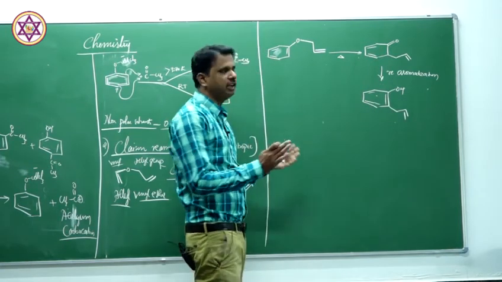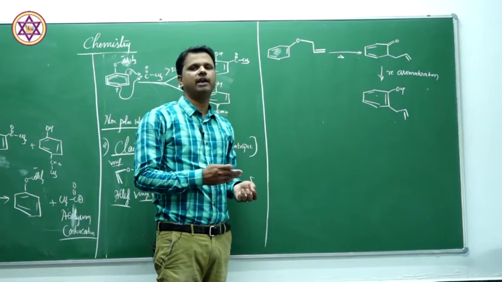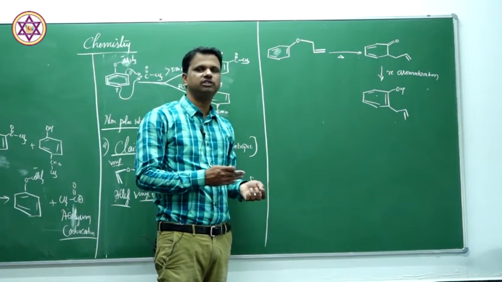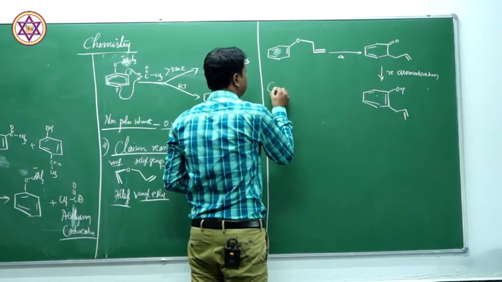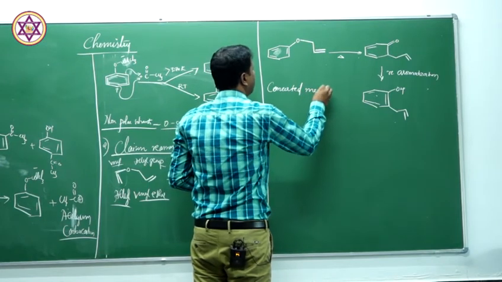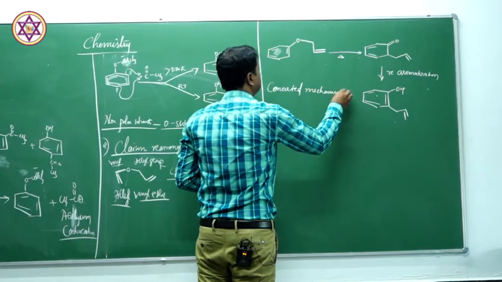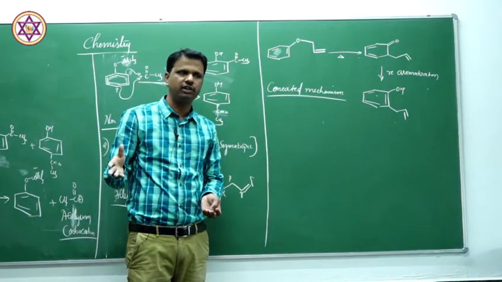Now how is the reaction taking place? We have to write the mechanism, but we cannot write a stepwise mechanism for this reaction because it follows a concerted mechanism. In organic chemistry, we have two types of mechanism, ionic or concerted.